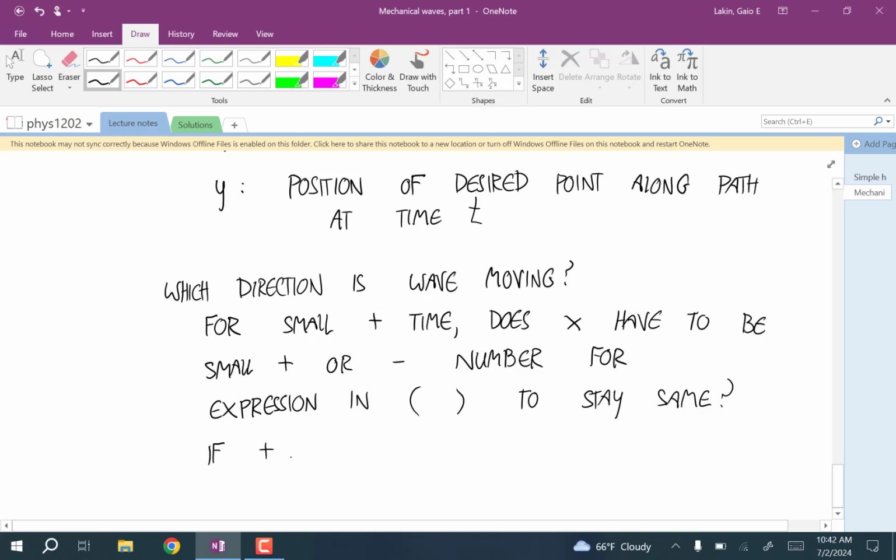If positive, then it's moving in the positive direction. And if it's negative, it's moving in the negative direction.